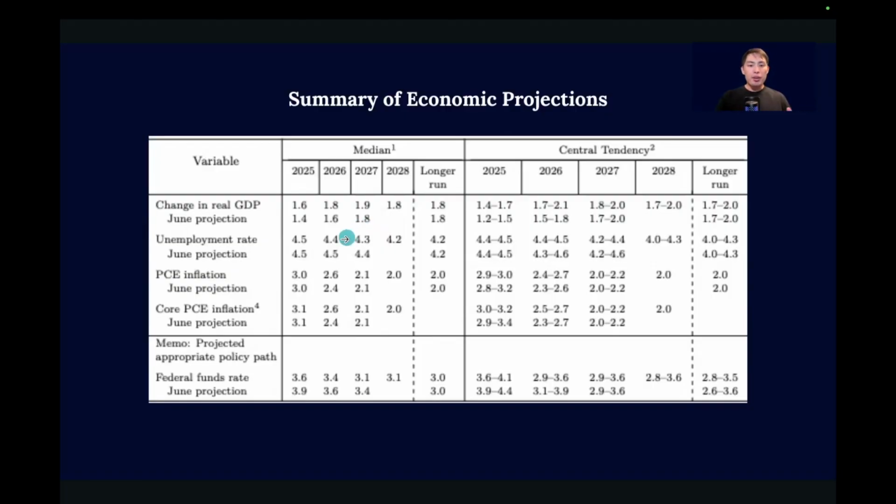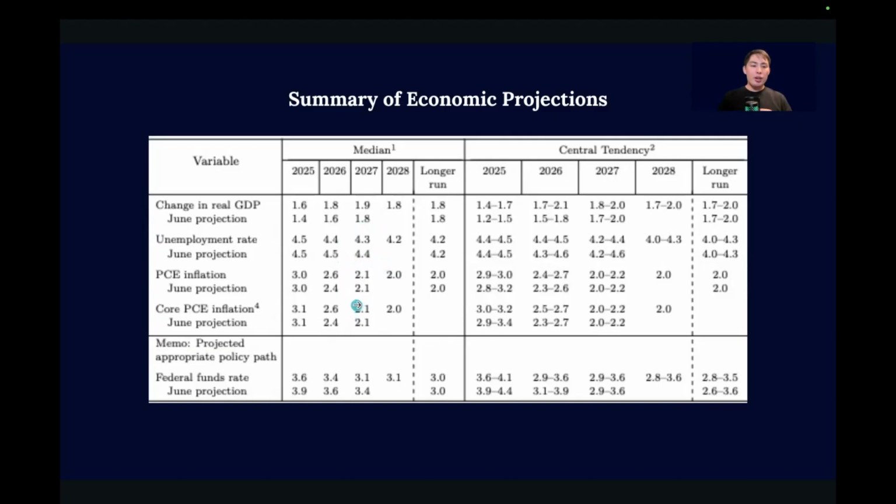At the same time, they have revised down their expectation for the unemployment rate. So from 4.5% that was projected in June to 4.4%, and from 4.4% projected in June to 4.3% for 2027. And then you have inflation expectation being revised up as well.